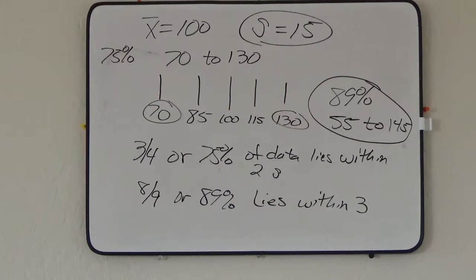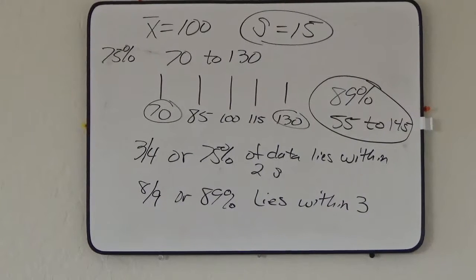It is used when the means are substantially different and the samples use different scales. That's when we use coefficient of variation.